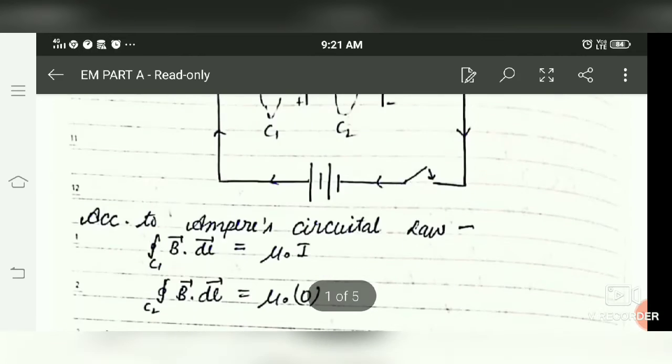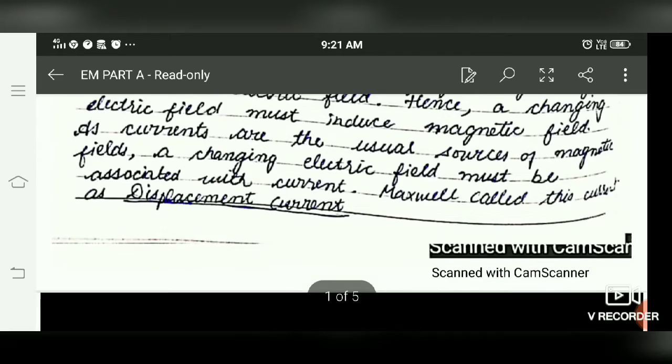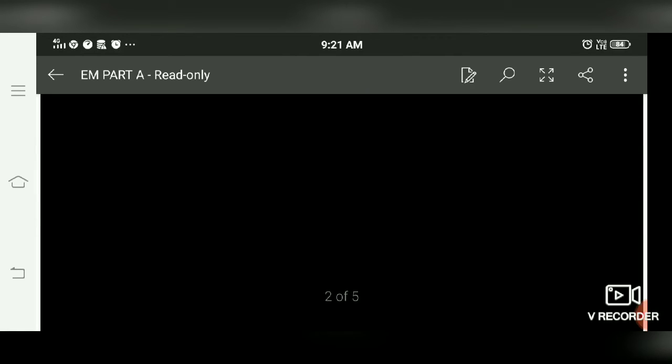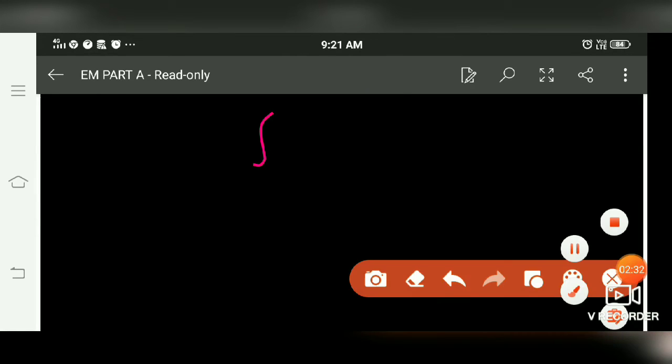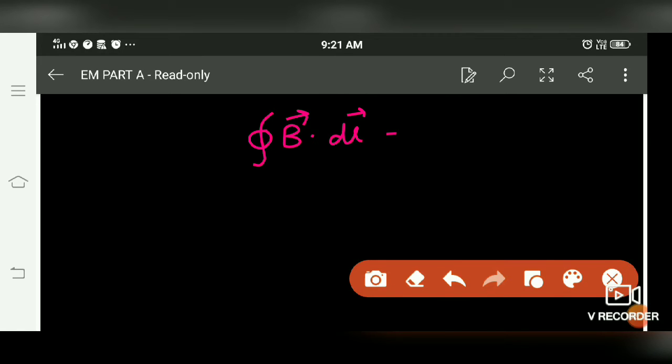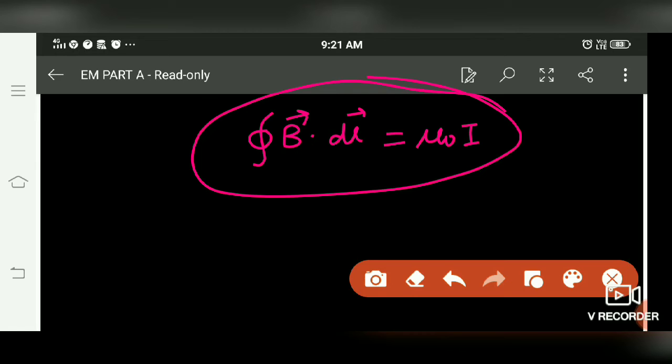Now next, as we had done Ampere's circuital law, it states that the line integral of magnetic field along a closed path equals mu naught times the total current threading across the circuit. This is Ampere's circuital law. But this law has some term missing in it.